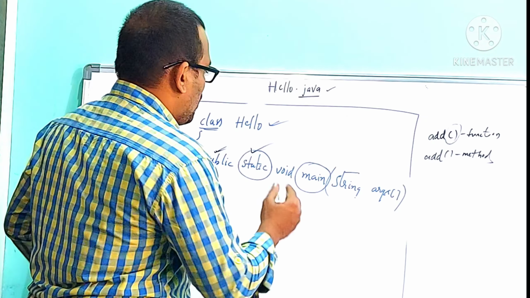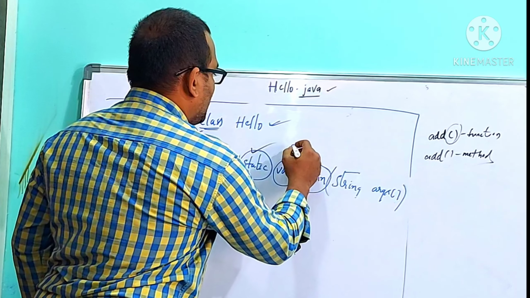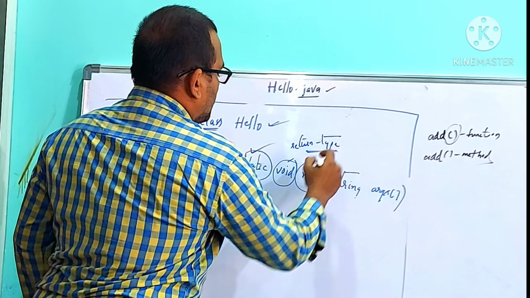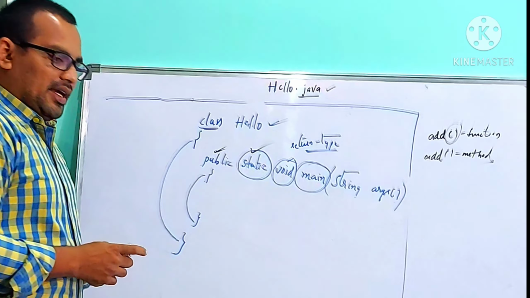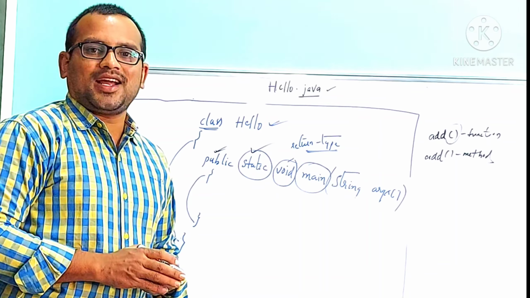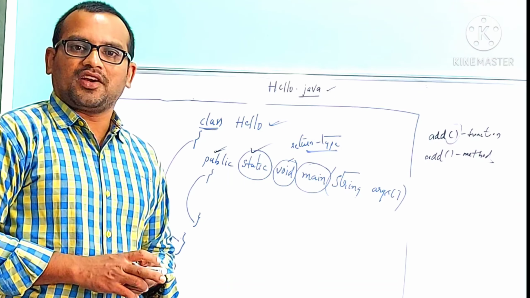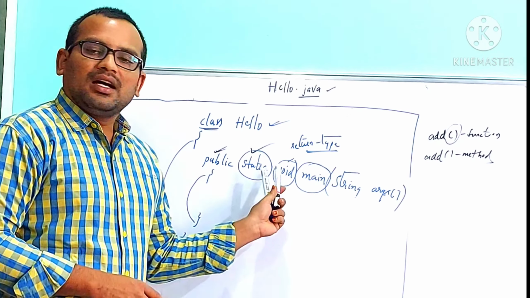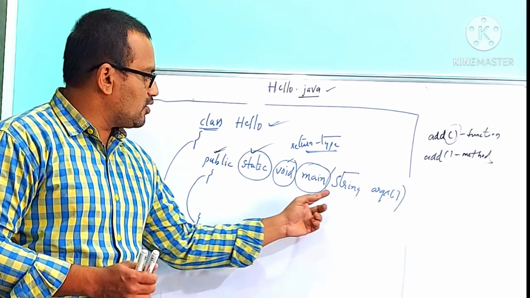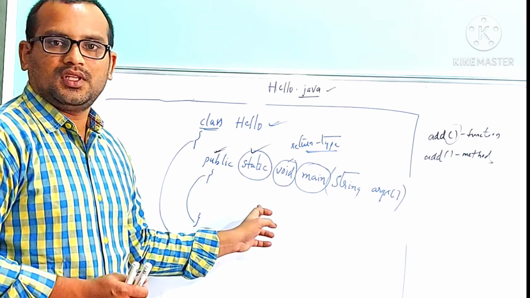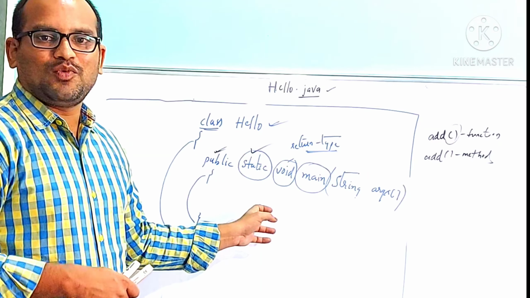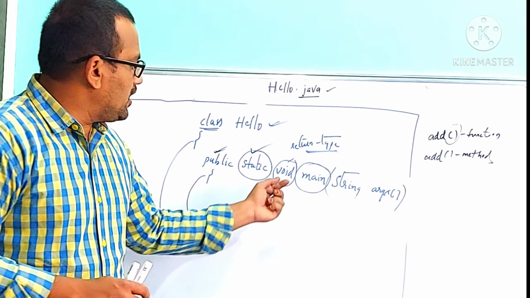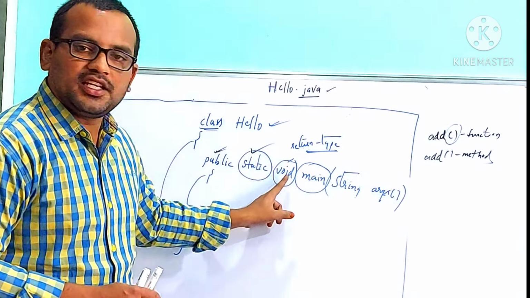Okay. Void represents the return type. Regarding return type, you will understand in the methods concept; functions and methods we will discuss later. Suppose the main method is going to return an integer value, then instead of void you can use int.